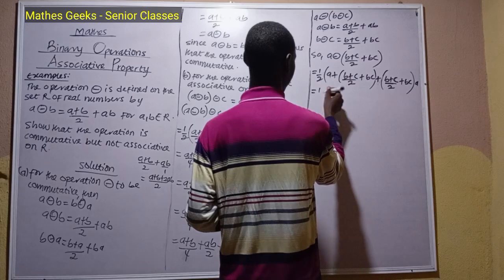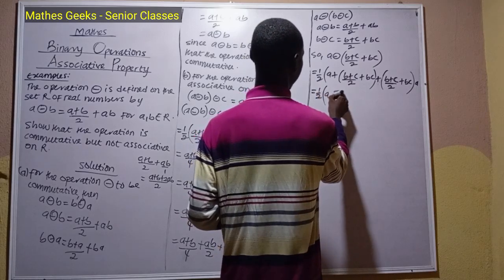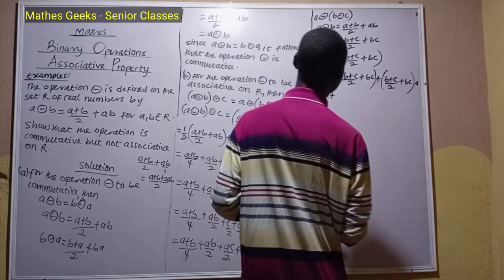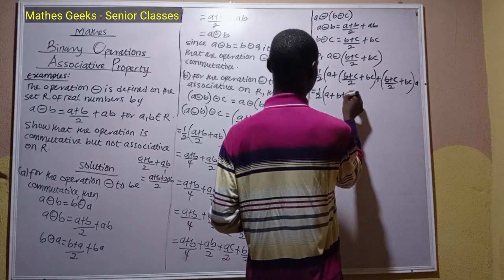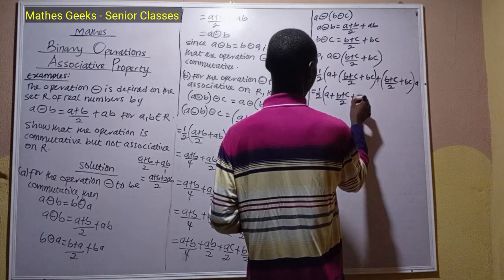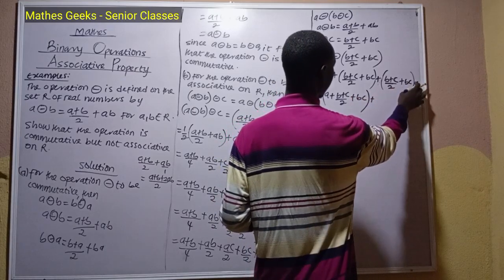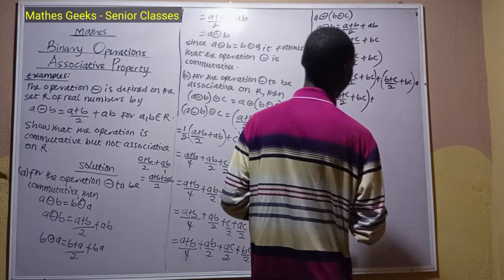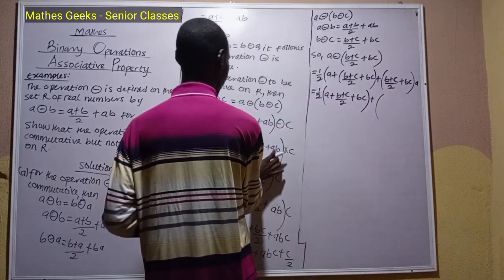So, this was half. And let's get this part done. So this is half A plus B plus C over 2, so A plus B plus C over 2 plus BC plus A. Okay, let's simplify this part.